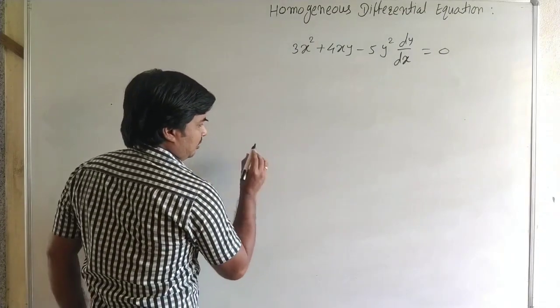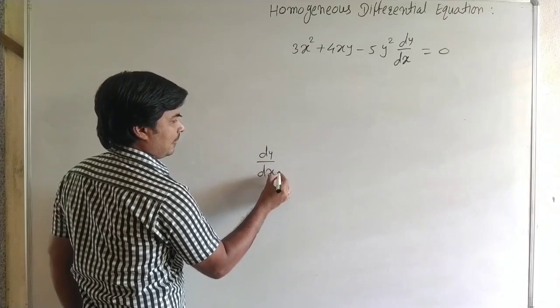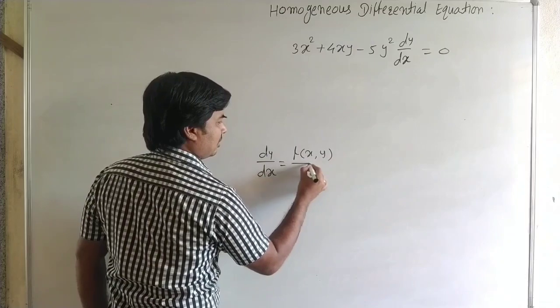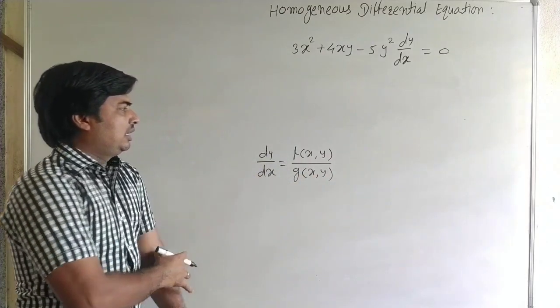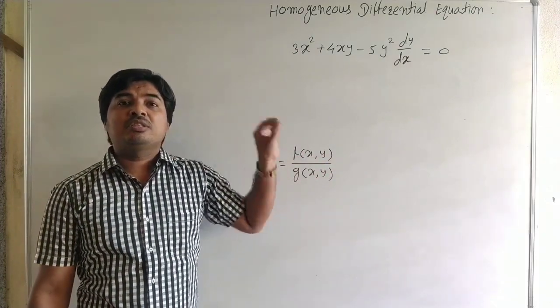Now the form of the differential equation: dy by dx is equal to f of x comma y upon g of x comma y. Here f of x comma y and g of x comma y are homogeneous functions of the same degree.